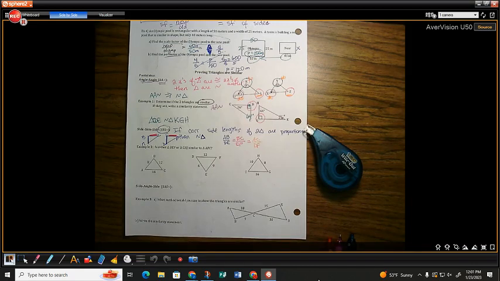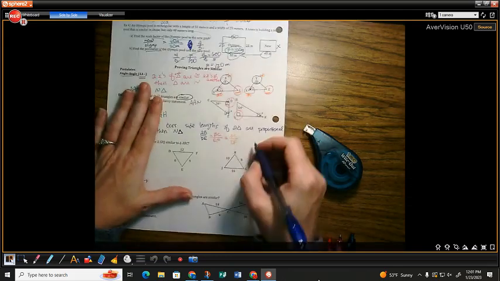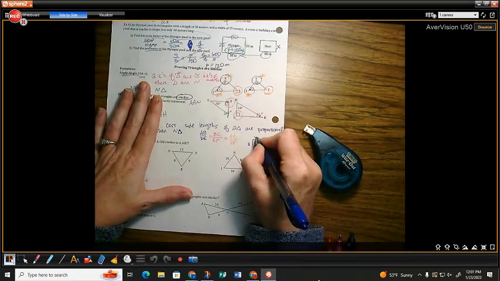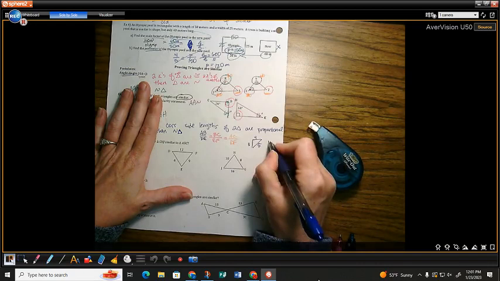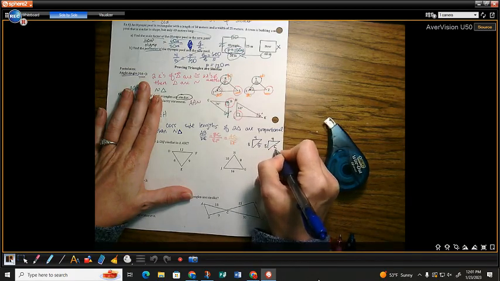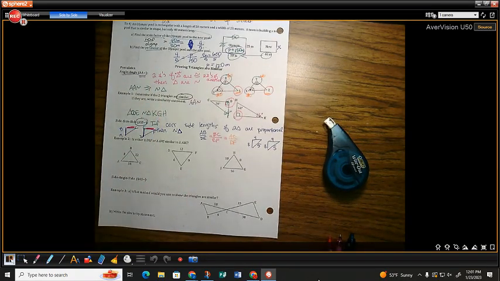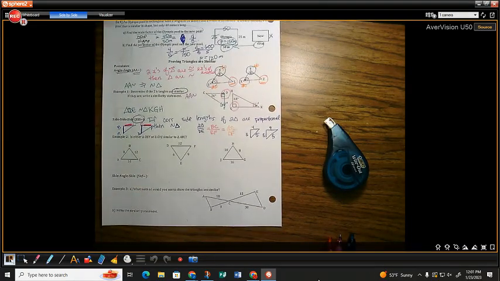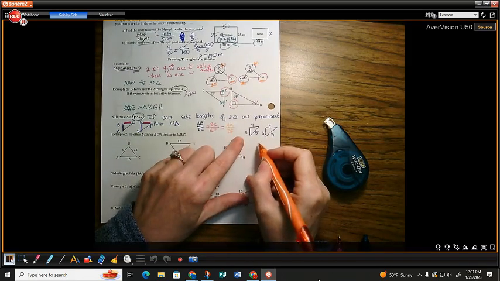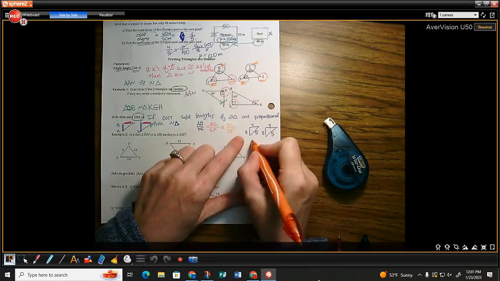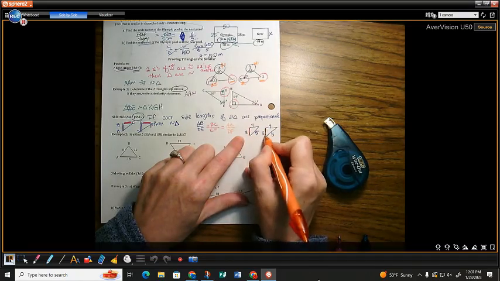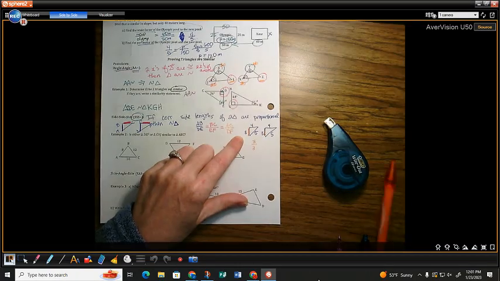Question. Are congruent shapes similar? Yes. If I have a 3, 4, 5 right triangle, and then I have another 3, 4, 5 right triangle, are those similar by side, side, side similarity? Well, what's a set of corresponding sides? 3 and 3. So I'd have 3 over 3.